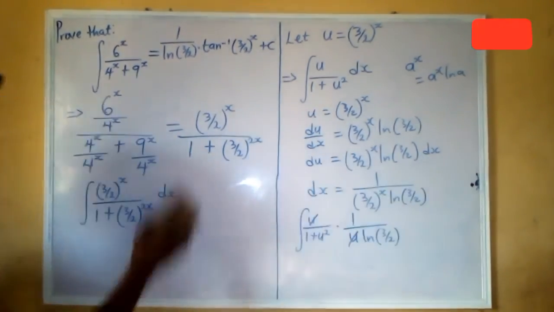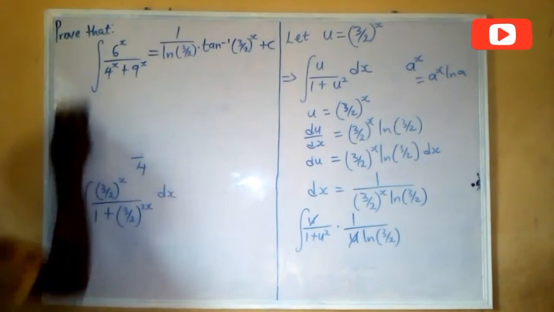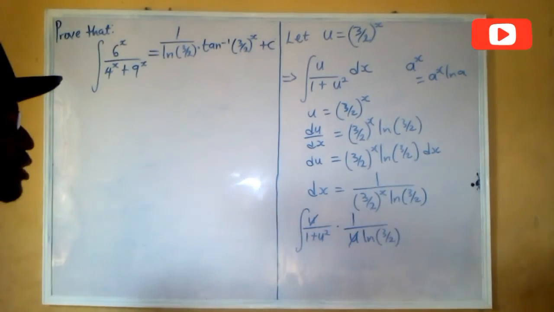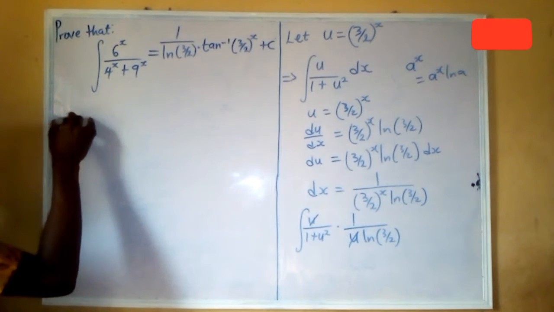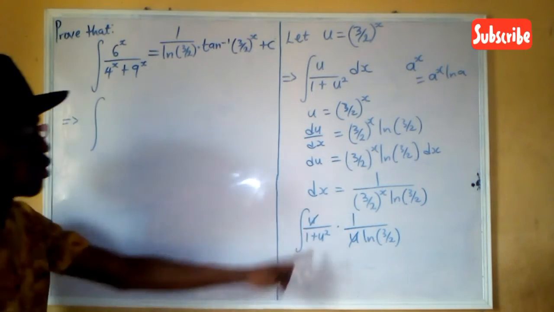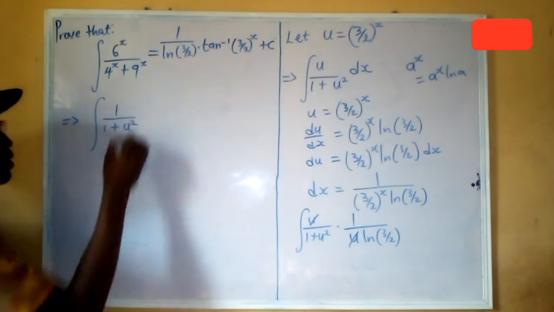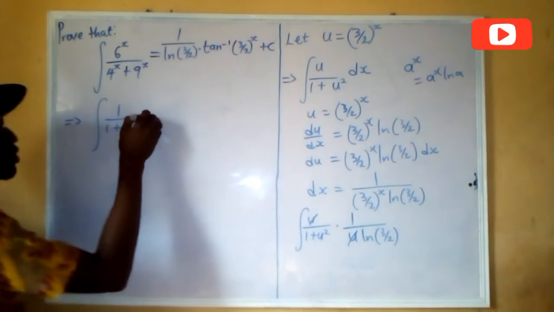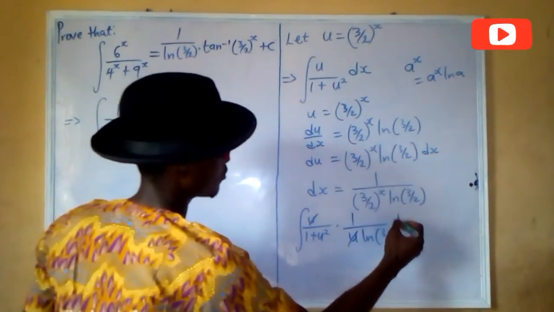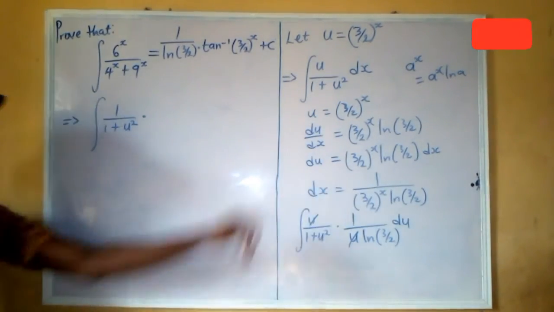Then the integral becomes the integral of 1 all over 1 plus u squared, and we have the u as it is there.